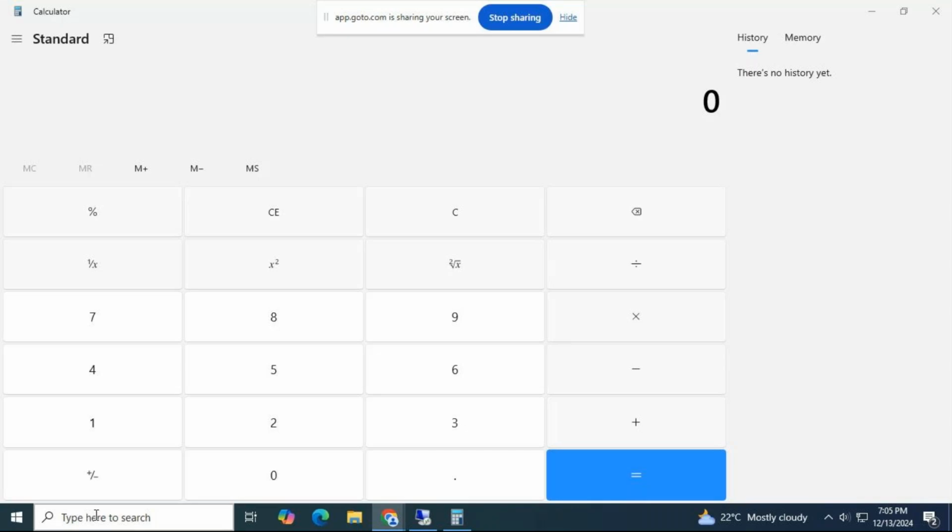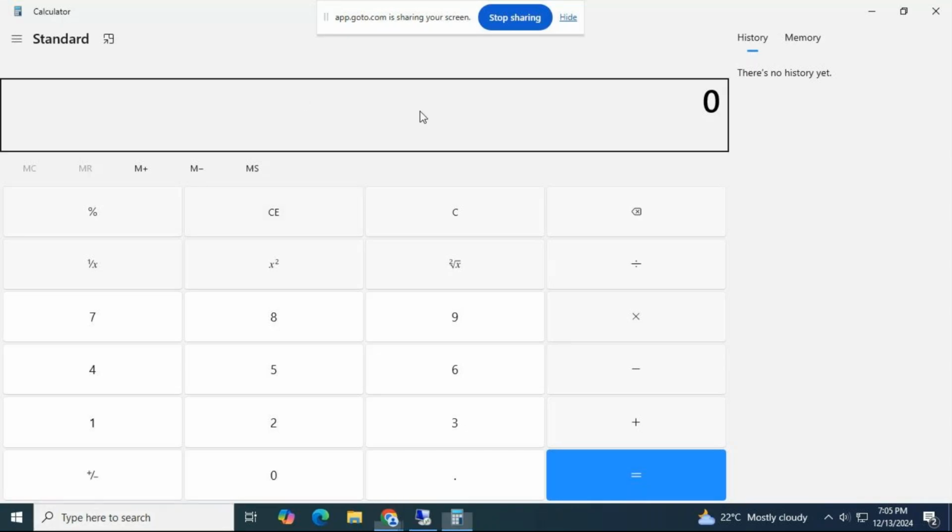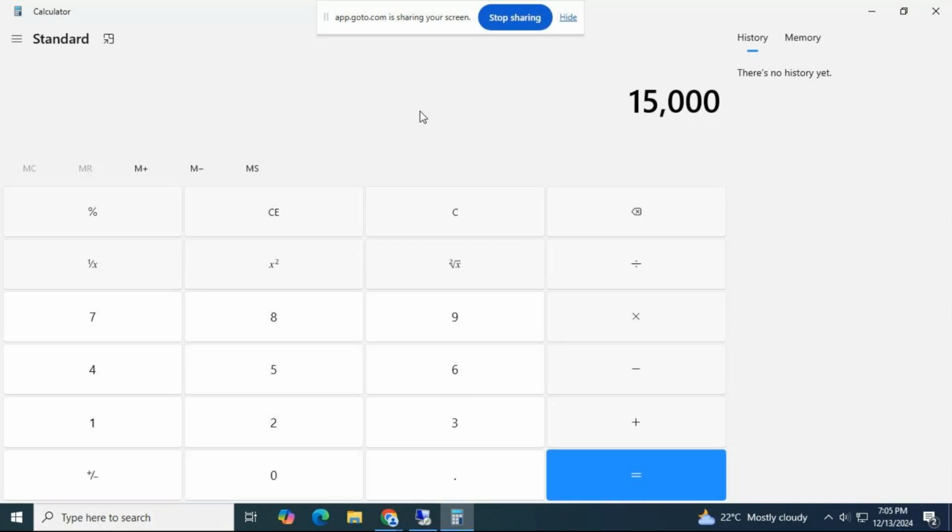So the value of furniture is 15,000 multiplied by 3, so you'll get 45 divided by 100, you'll get 450.